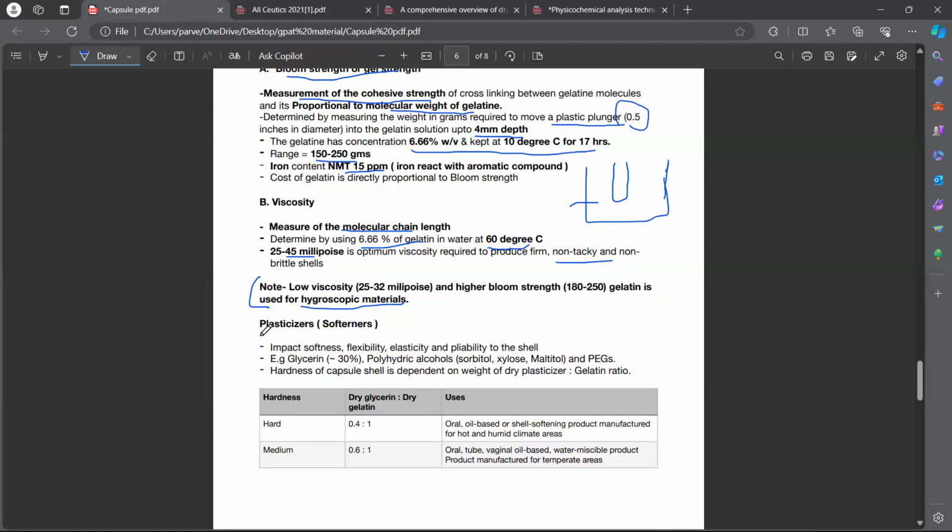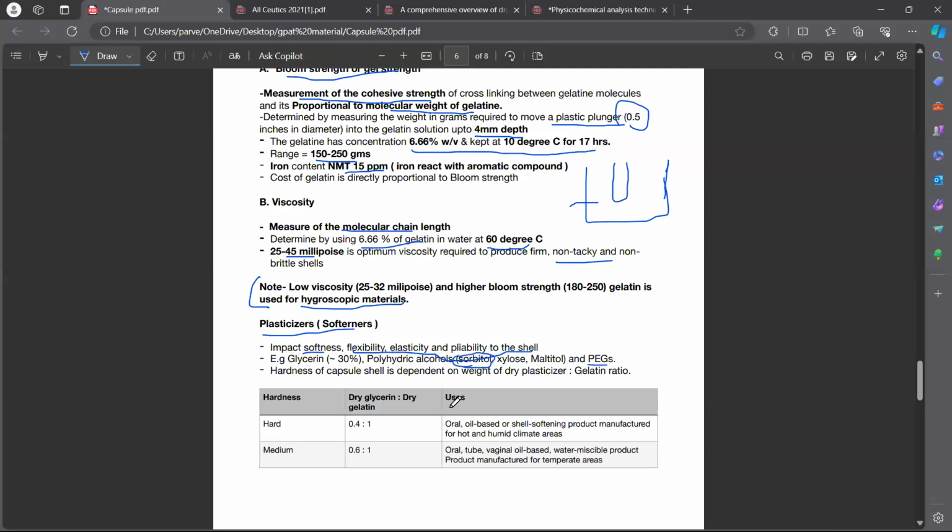Next, another most important component of a capsule shell, while coming to the soft gelatin capsule, is the plasticizer. Plasticizer imparts softness and improves the flexibility, elasticity, and pliability of the shell. Generally used are glycerin, a polyhydric alcohol, and sorbitol, one of the most widely used plasticizers.